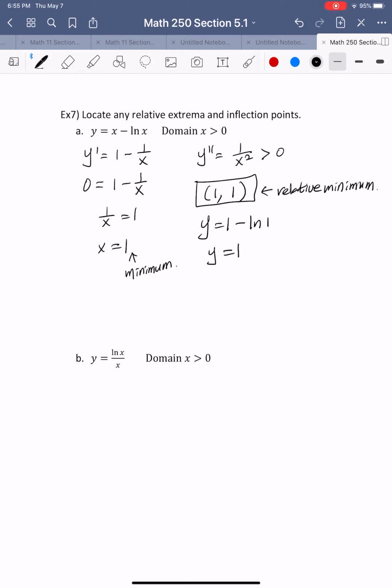And then this is always positive. So when you set y double prime, which is 1 over x squared, equal to 0, then x squared equals 0, which is x equals 0. But as a domain, I cannot use x equals 0. So in this case, there's no inflection point.